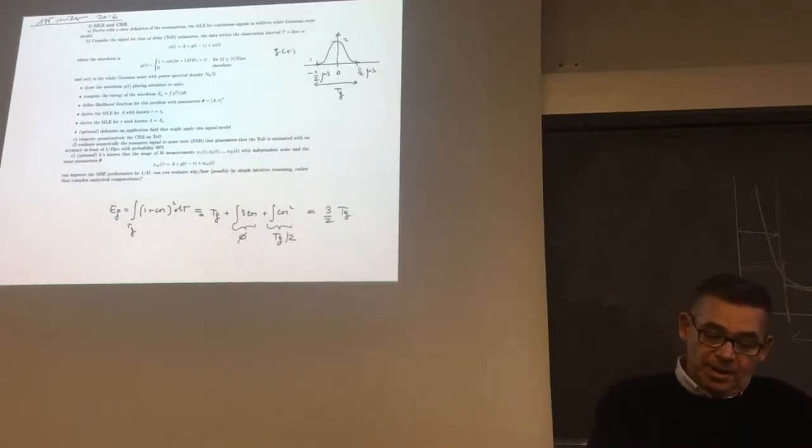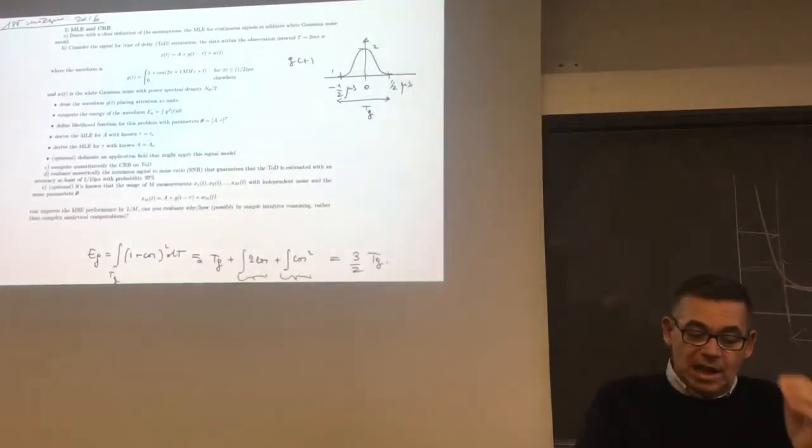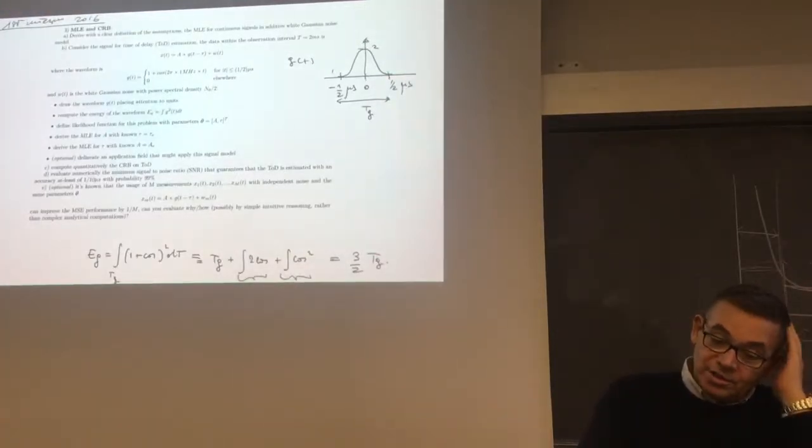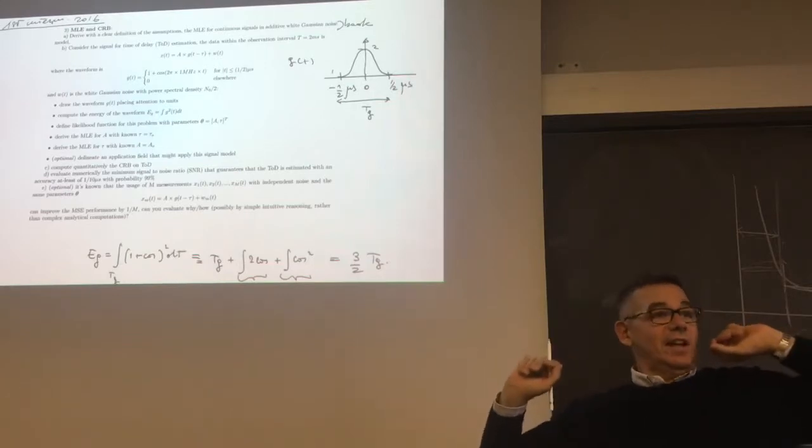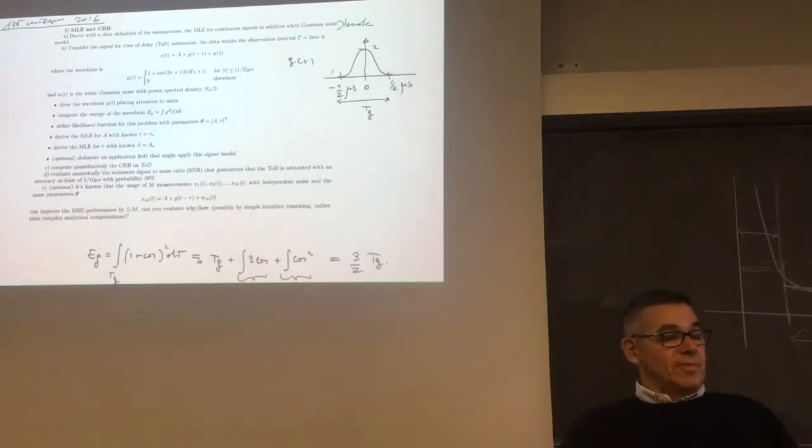So let's read it together. First, derive, with a clear definition of the assumptions, the maximum likelihood for a continuous time signal in an additive white noise model. This is the theoretical side, which means if you study, you can answer that.